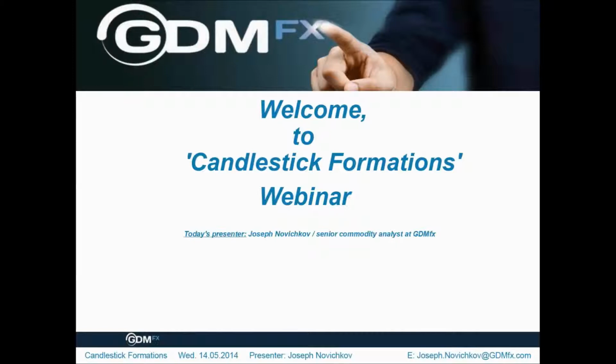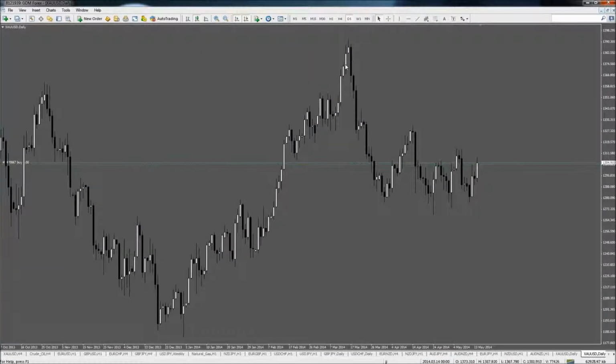Let's go to the chart so I can show you what I mean. Now, this particular moment here for gold, it's exactly where we saw the announcement of the tapering from the Federal Reserve. Now, the Federal Reserve is a powerful combination of different people that actually decide the future of a single country.